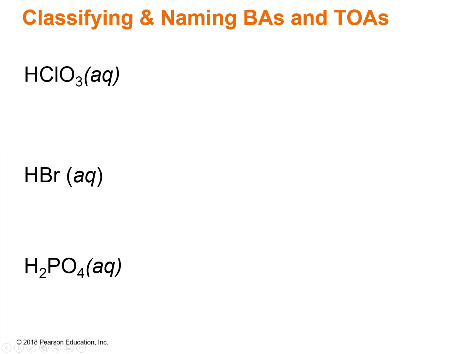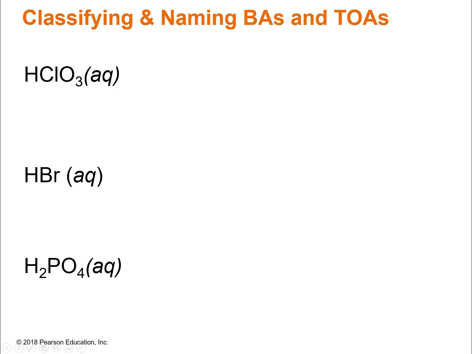Would you like to try these examples on your own, or do you want me to walk through the first one and then let you do the other two? Okay. So I'll walk through the first one.